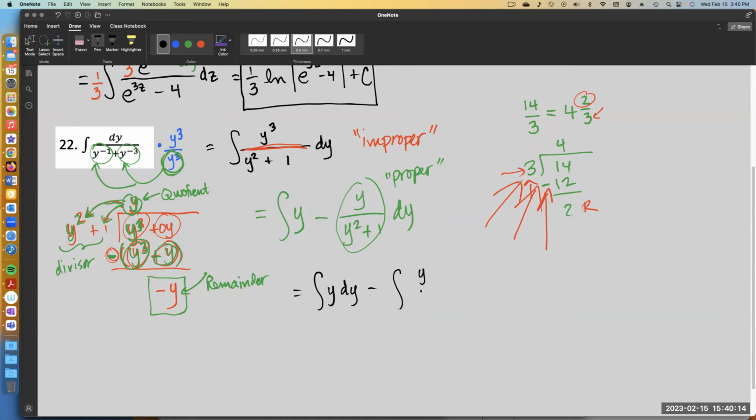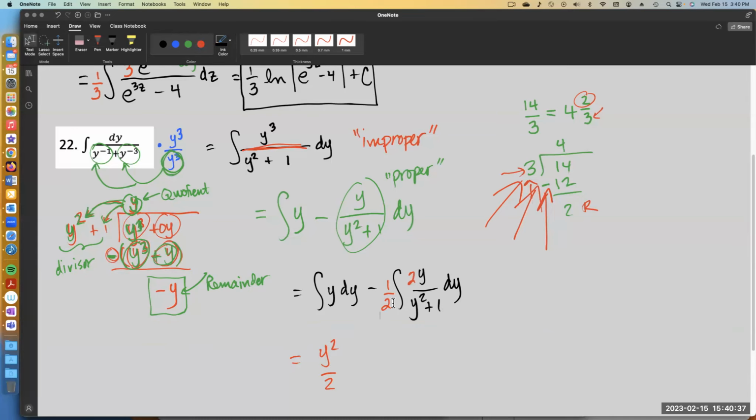The integral symbol can be distributed just like a derivative. And then the y squared over 2, no problem. To put this in log form, the numerator has to be the derivative of the denominator.